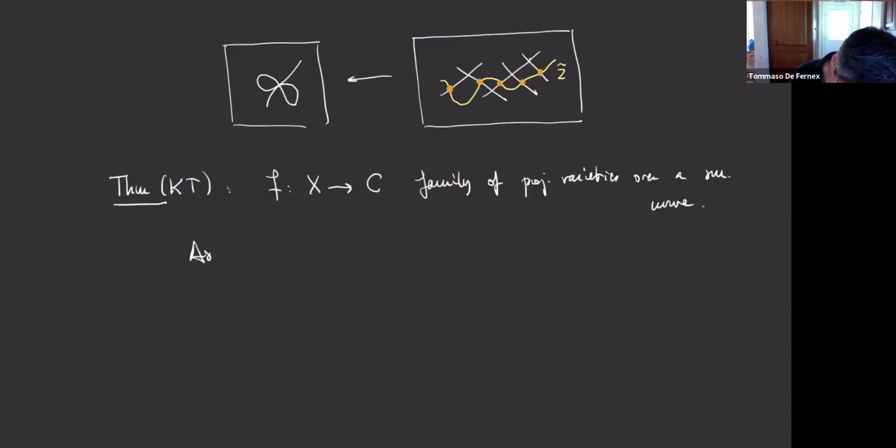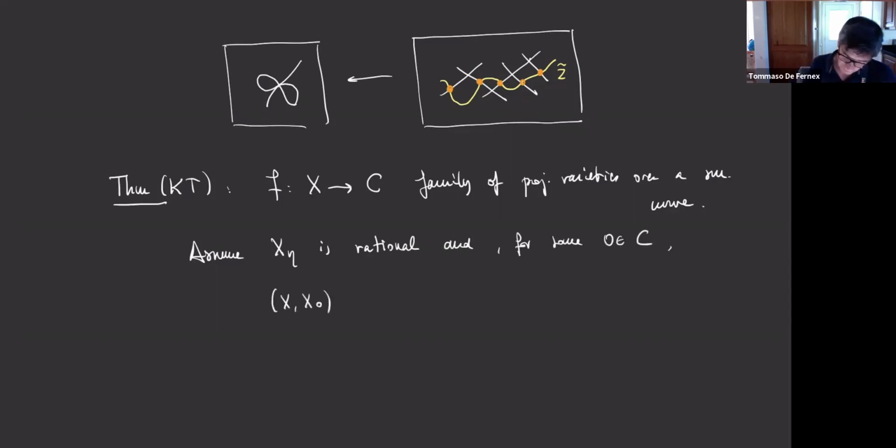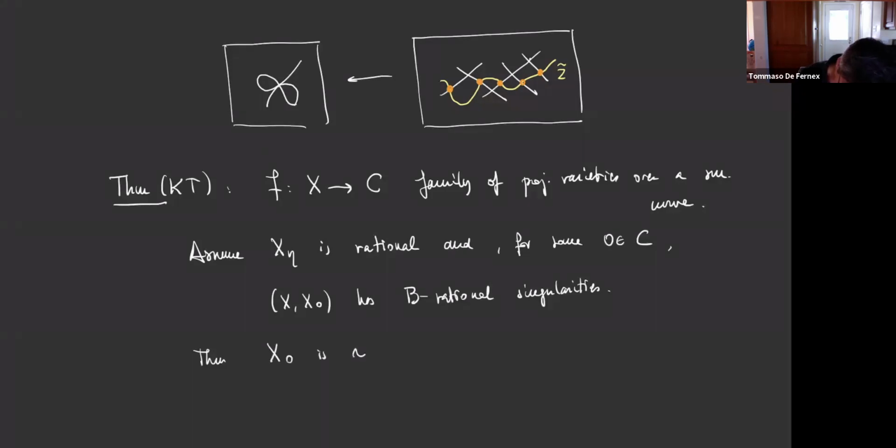Now assume X_eta is rational over the function field of the curve, and for some closed point in the curve, the pair X with the fiber over this point has rational singularities. Then the central fiber is rational.